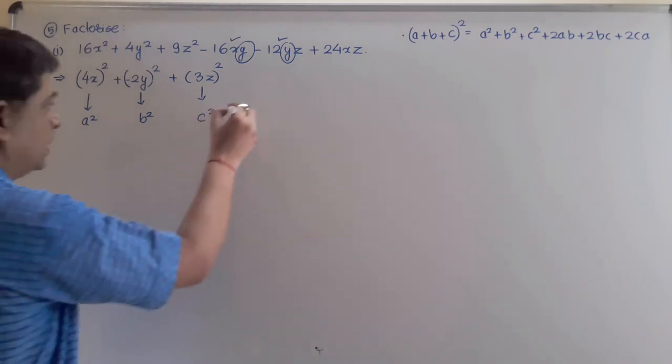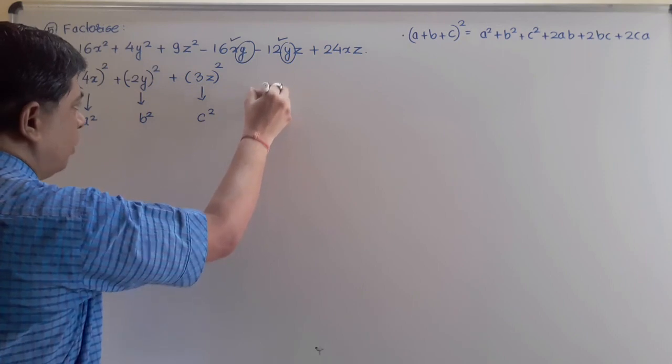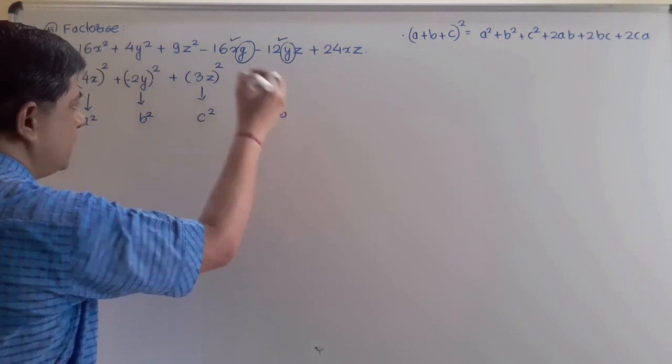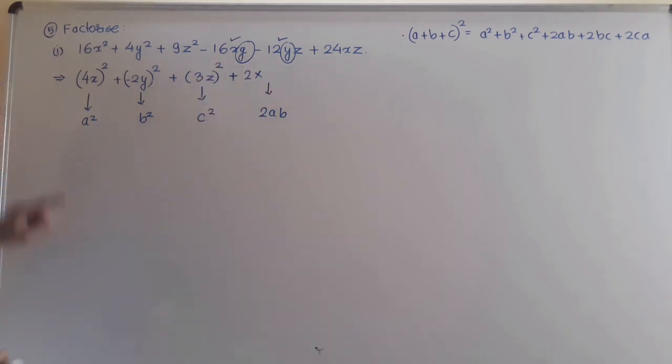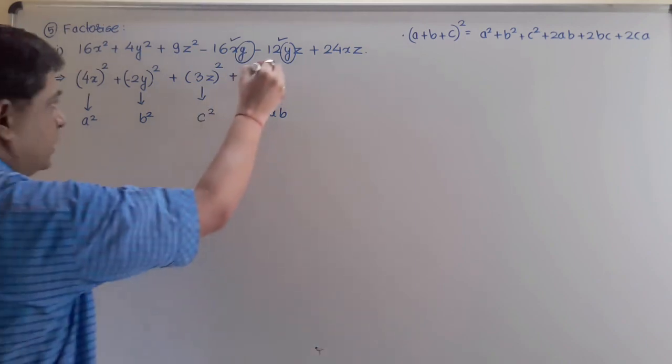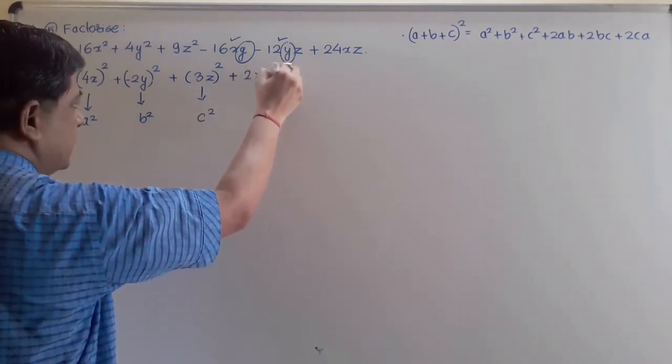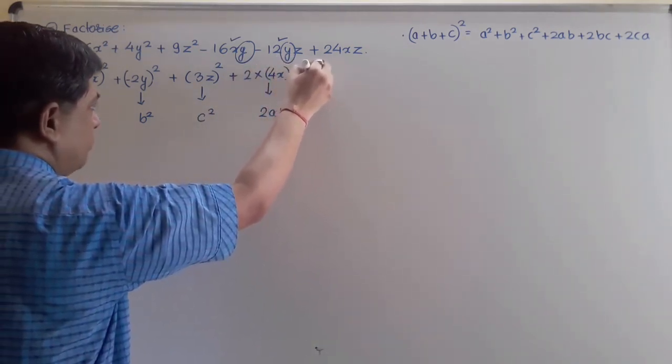Now further, I will write down the value of 2ab. So plus 2 into a. What is the value of a? The value of a will be equal to 4x. So keep the value of a as 4x and b as minus 2y.